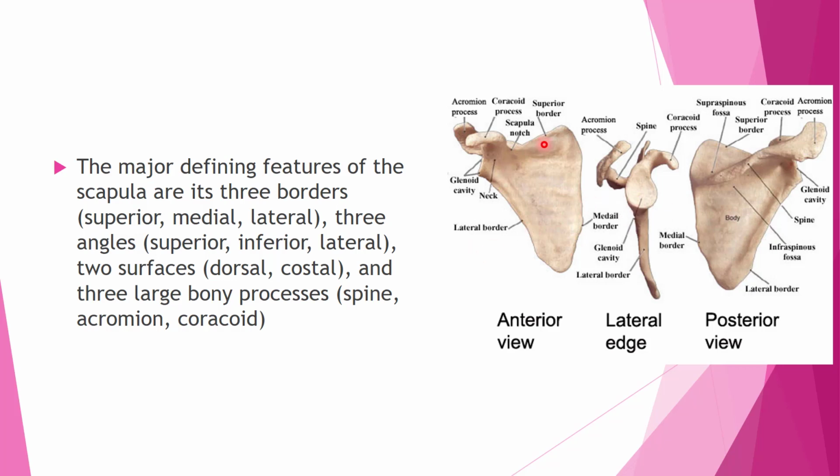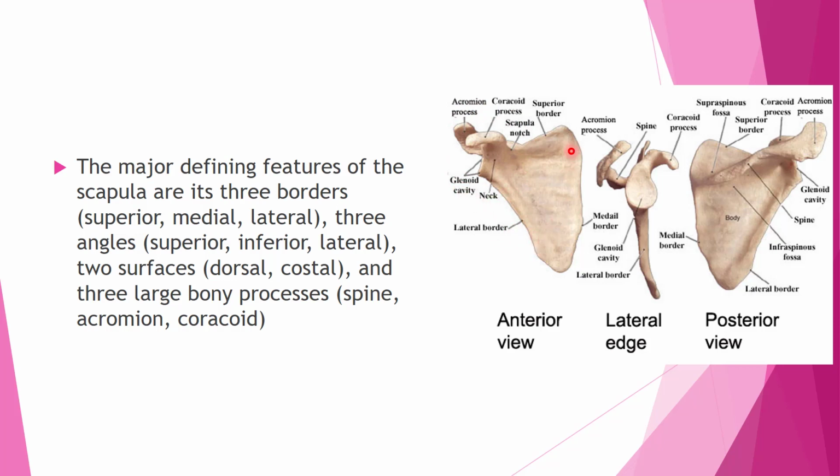You should know whether the scapula is of the right side or left side. This is side determination of the scapula. See here, whenever you hold the scapula in your hand, you have to place all these processes on the lateral side of your body. This is on the lateral side because this is lateral border.